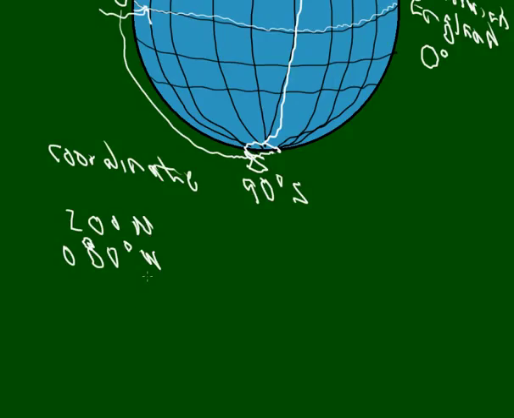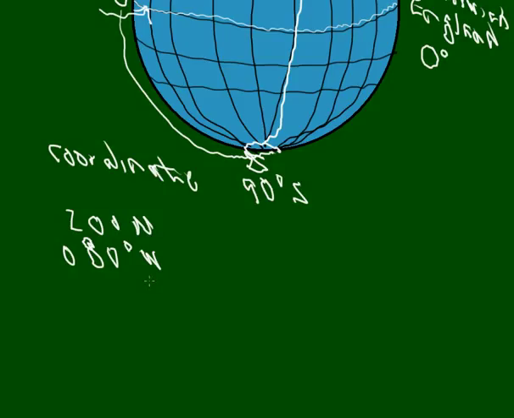But unless you're on one of these major even lines like 20 degrees or 80 degrees, you're most likely to be somewhere in the middle, so that is not precise enough at all.